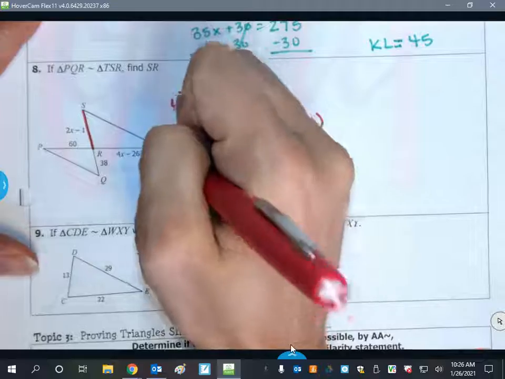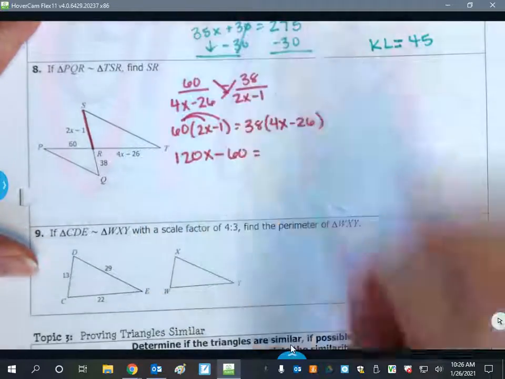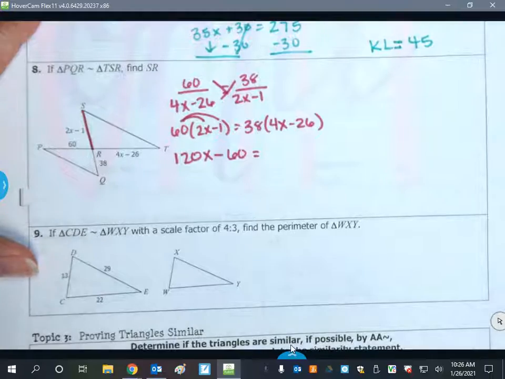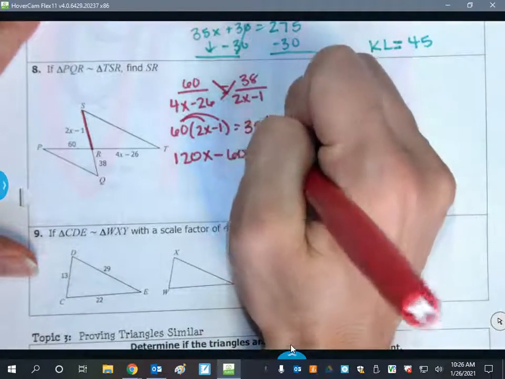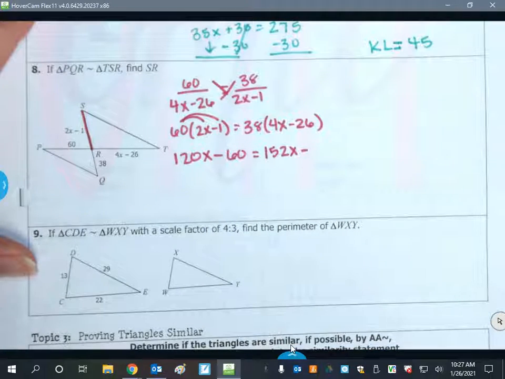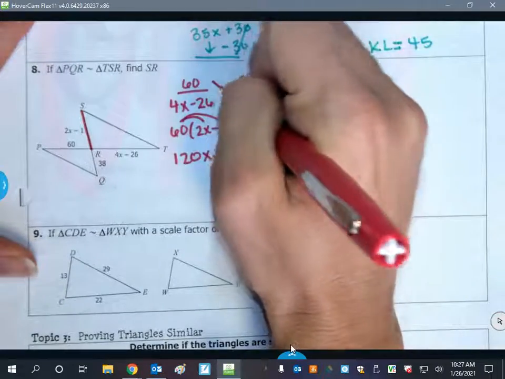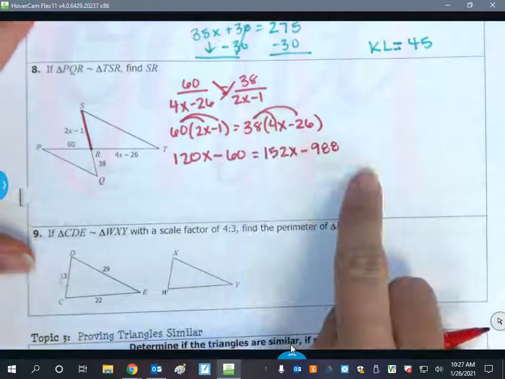Distribute, 60 times 2 is 120x minus 60 times 1 is 60 equals 38 times 4 is 152x minus 38 times 26 is 988. And that was distributing that 38 there.